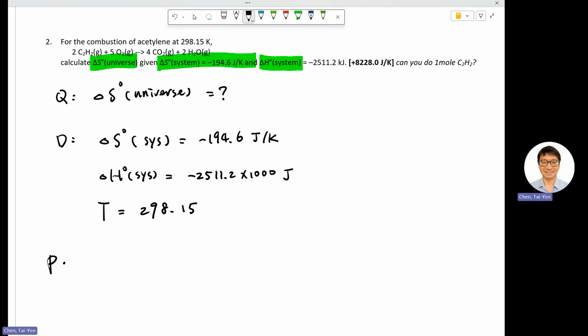Okay, so here you see this delta S system, delta H system, right?